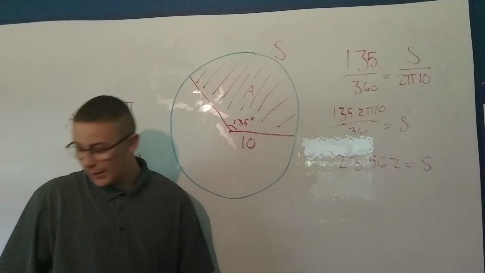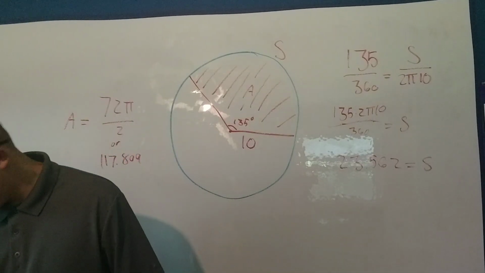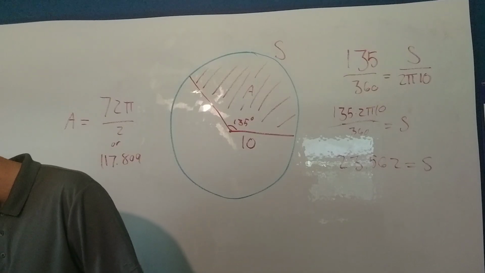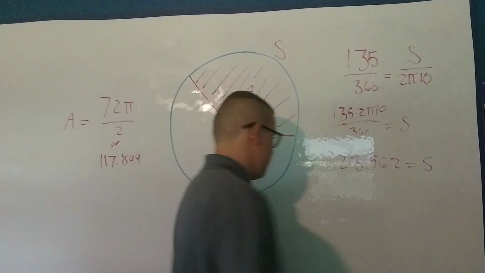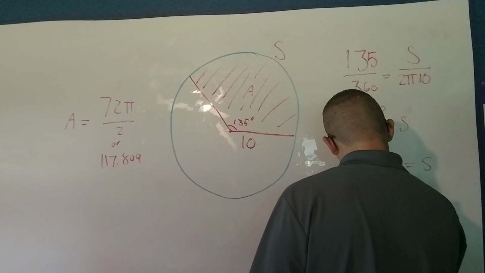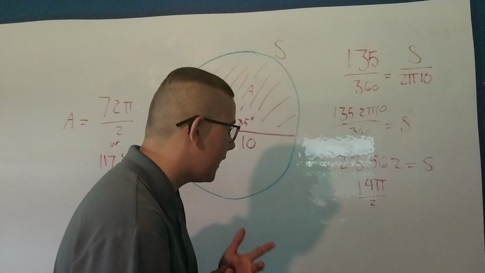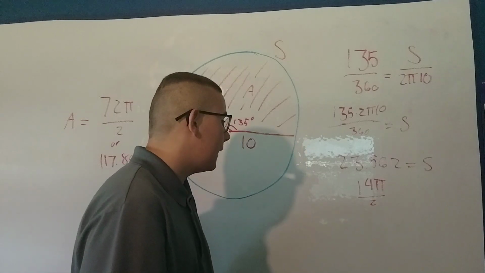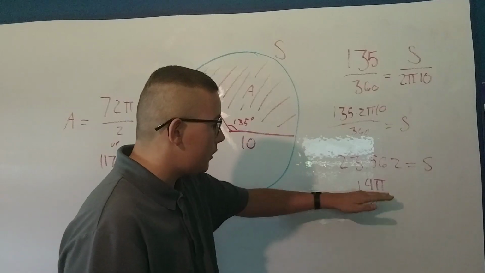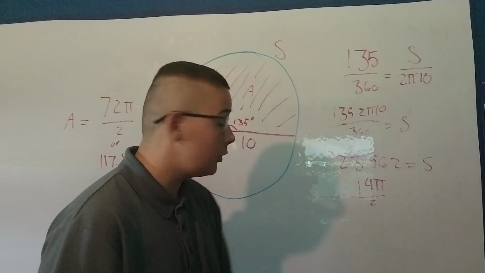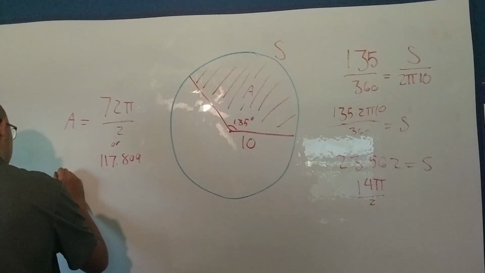And if you want it in terms of pi, just divide out pi, put it over whatever makes it a whole number, and that would be 14 pi over 2, right? So you divide it by pi, you get 7.5 pi, you put it over 2, and then you get 14 pi over 2. And that's your answer for the S.